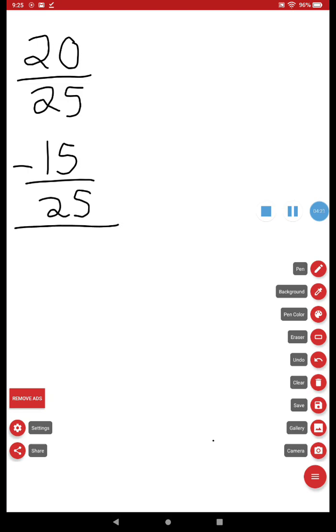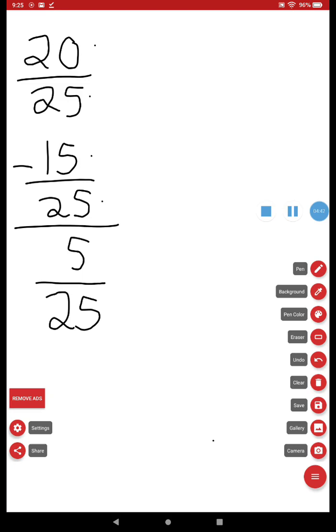Just like with the other examples, I don't say 25 subtract 25. Those are parts of the whole. They stay as 25 as my denominator. I just subtract the numerators. 20 subtract 15, you get 5.